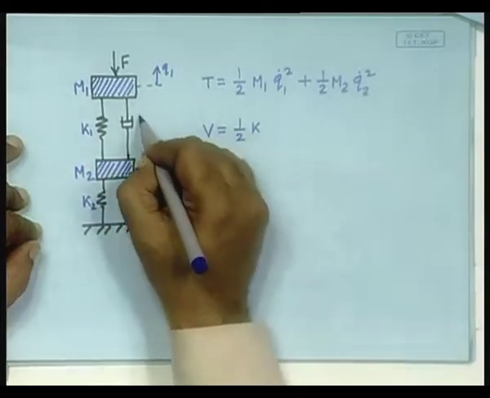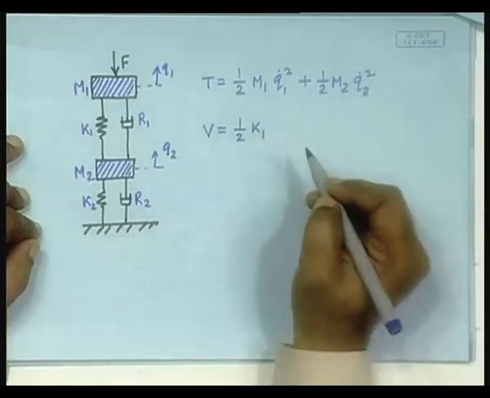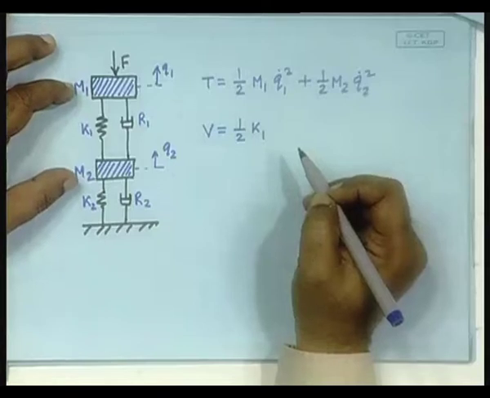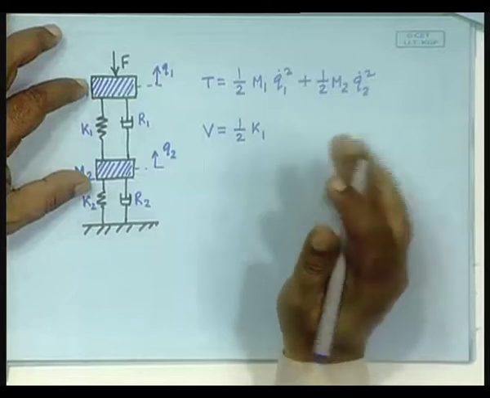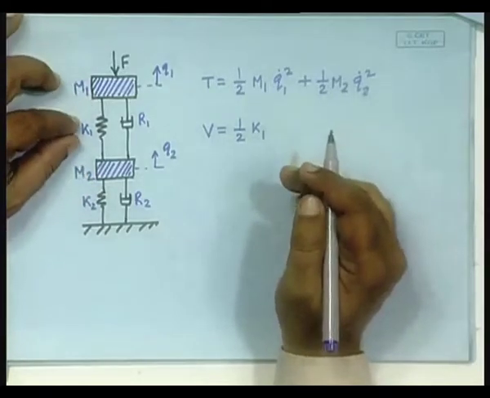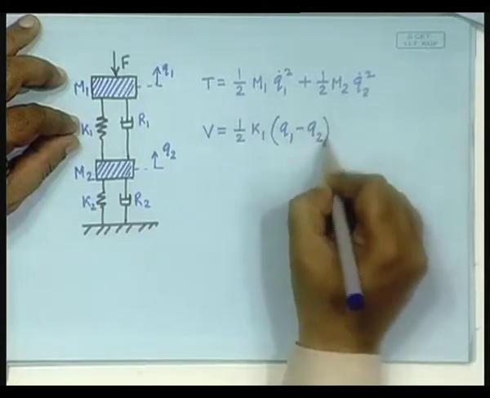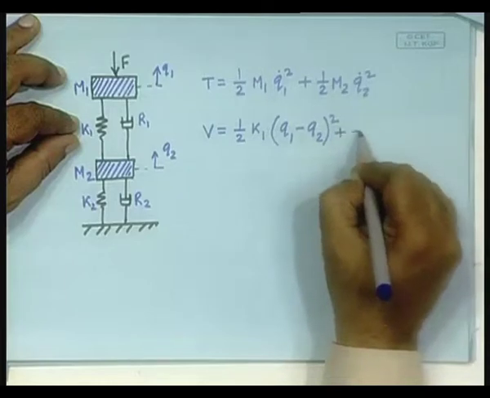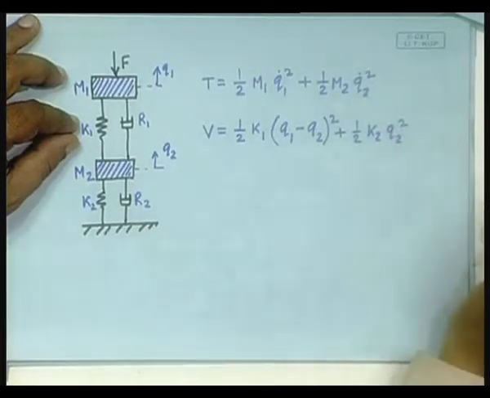and let these be r1 r2. Half k1, then how will you write? No, q1 minus q2, right? q1 minus q2 is the amount of displacement experienced by the spring. So, half k1 (q1 minus q2) square plus half k2 q2 square.